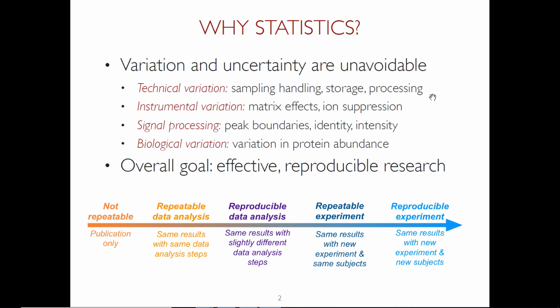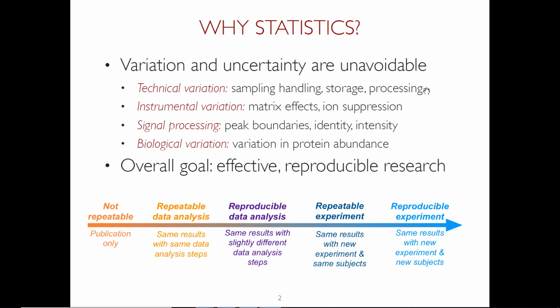I hope that by now you have heard already from different programs where you were that the technical variation and the different types of variation come from many sources. First of all, technical variation comes from the way we store, handle, and process the actual biological material.